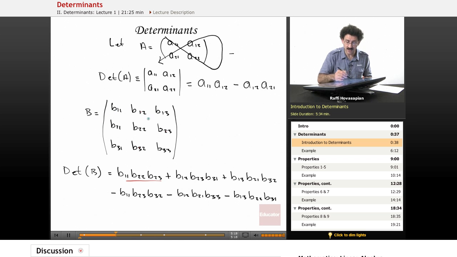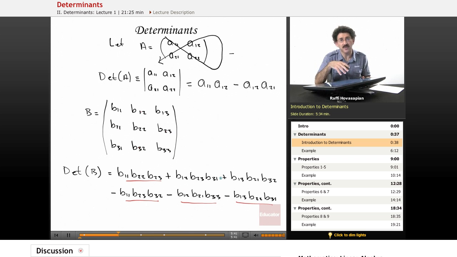So it's B11, B23, B32. Go to the next one over. B12, B21, there's nothing here, but there's one here, B33. B13, B22, B31.